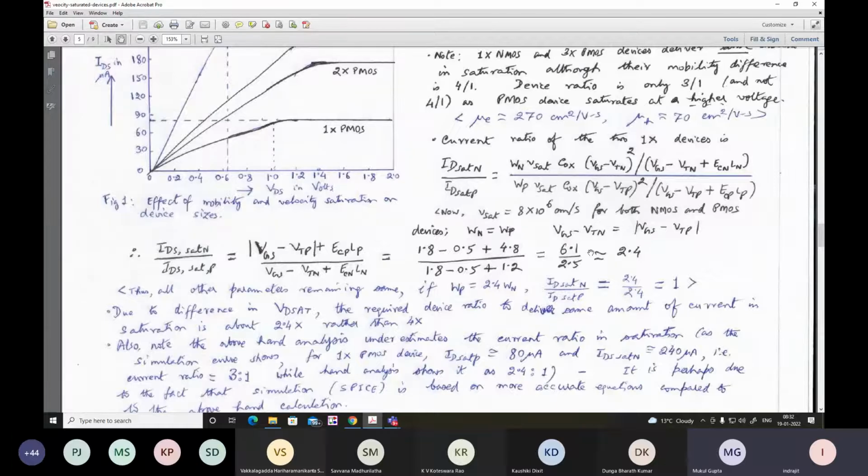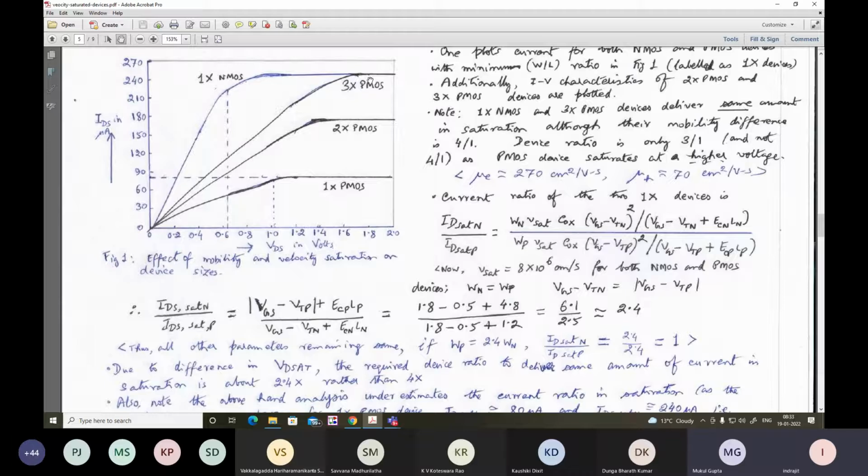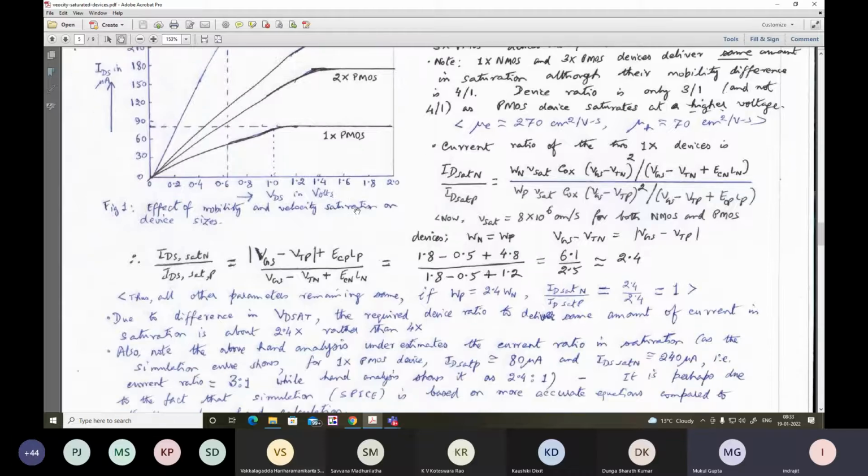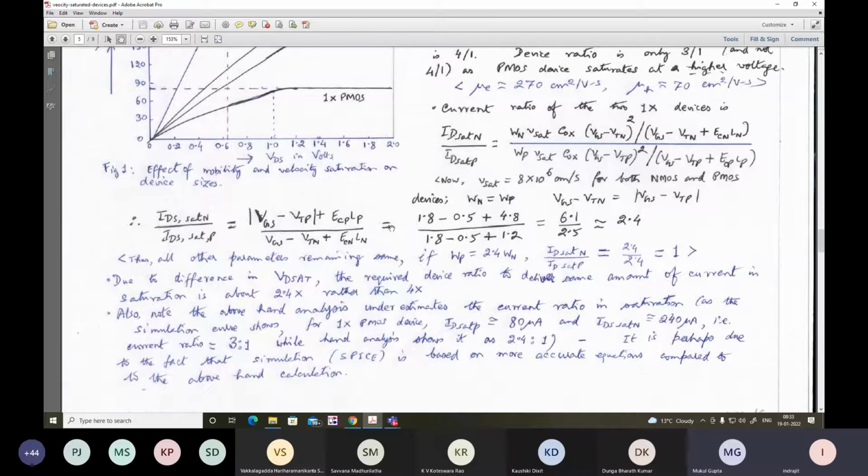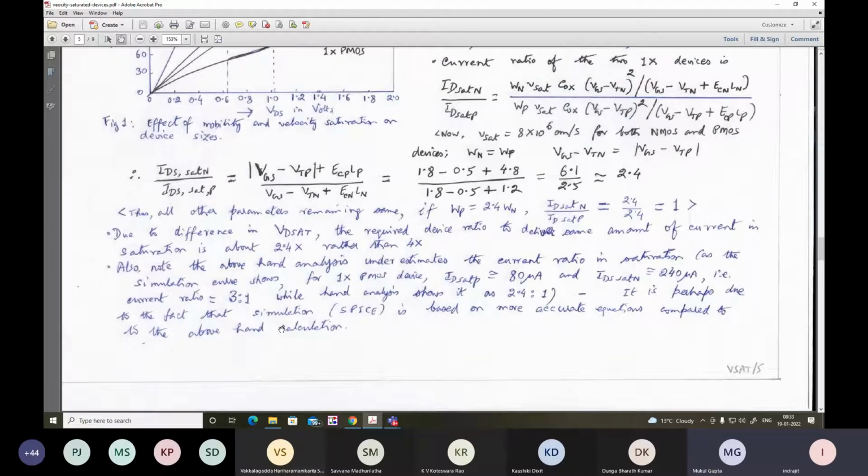So if we go for hand calculation, we will be forced to underestimate the size increase requirement. This asks us to widen the device by a factor of 2.4, but the simulated data tells us that you have to make the device thrice as wide. Then only can we expect to get a similar magnitude of current at saturation. But we'll take the simulated result from SPICE simulation to be more accurate.